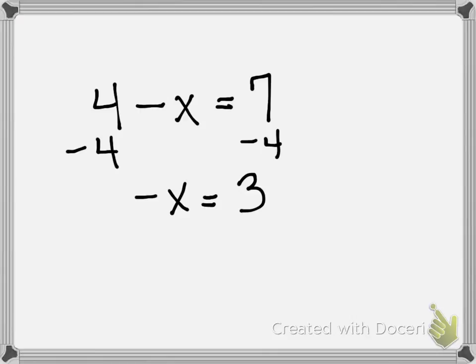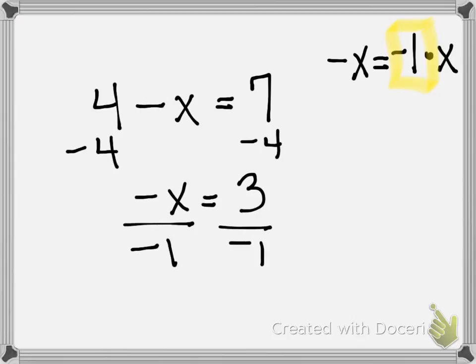Well, this negative x is kind of funny because negative x really equals negative 1 times x. There's a coefficient on this x of a negative 1. It's not by itself yet. We just don't ever write the 1s in front of the x's. You still have to divide this by that coefficient.